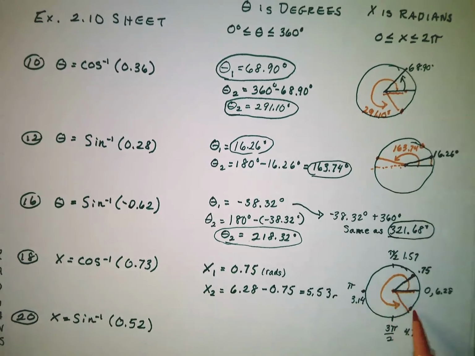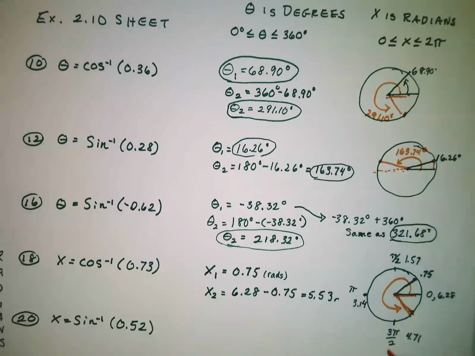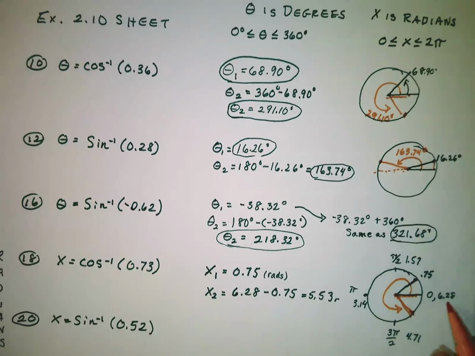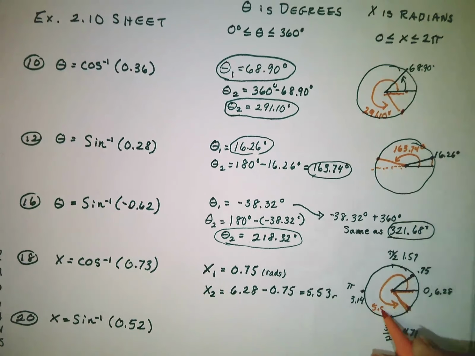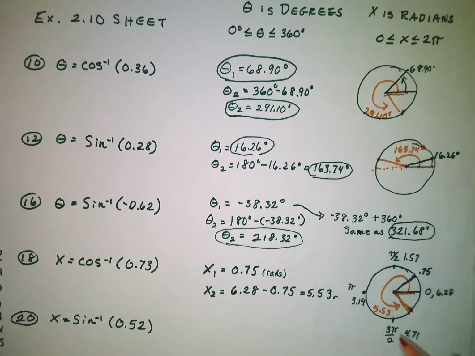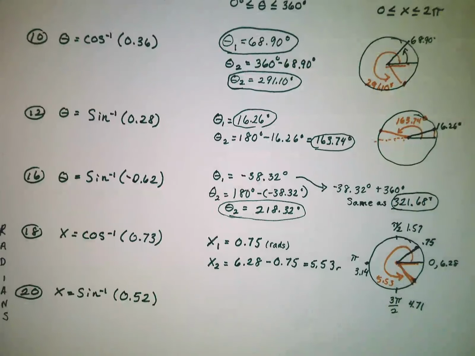We said the answer was about 5.53. Well, this is 4.7 and this is 6.3. This could very well be 5.53 radians. So the method's working, whether it's in degrees or radians.